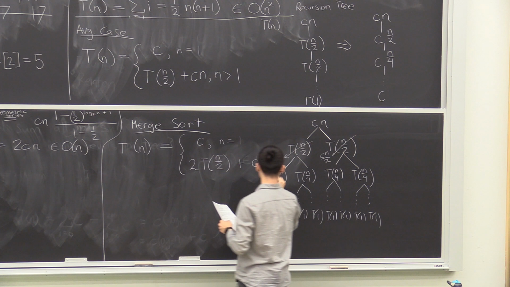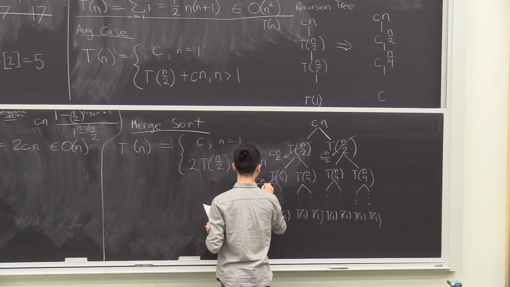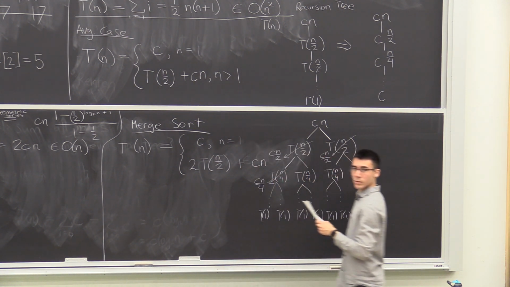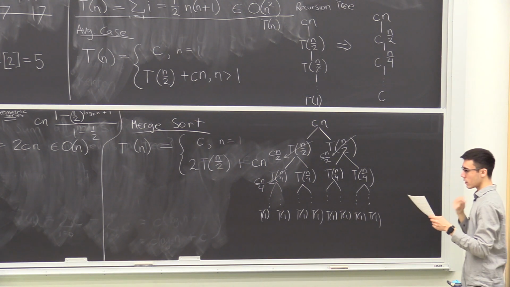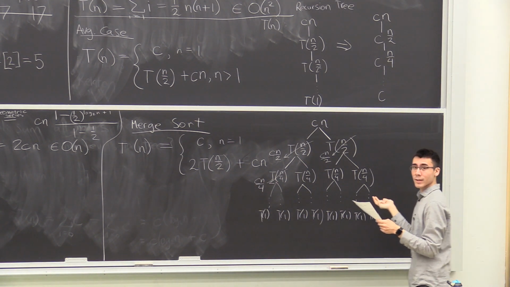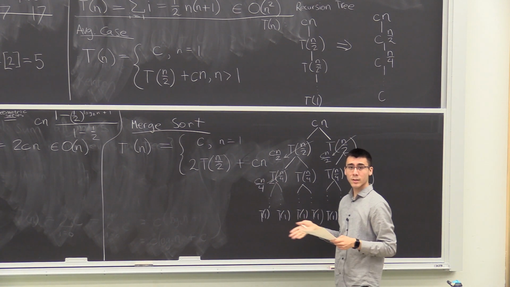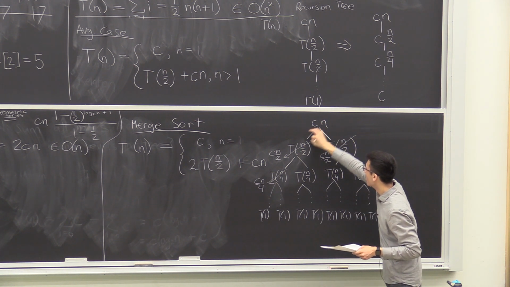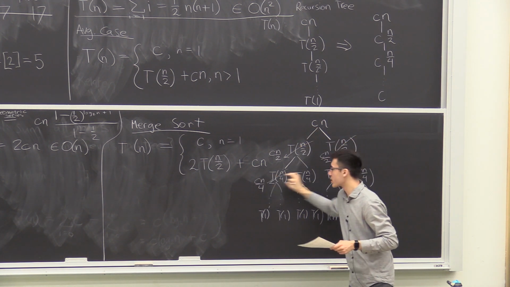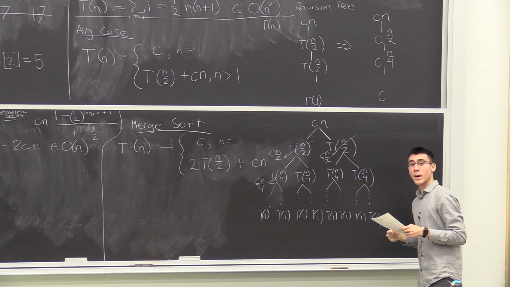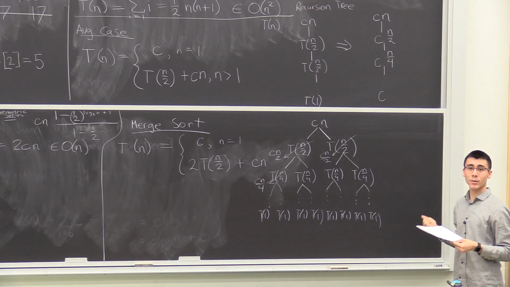This would be C n over 4. And you're starting to get the idea. So to analyze this, again, just like before, we want to add up all of these terms together to get a final answer for what T of n is going to be.